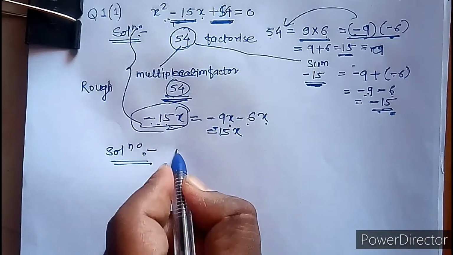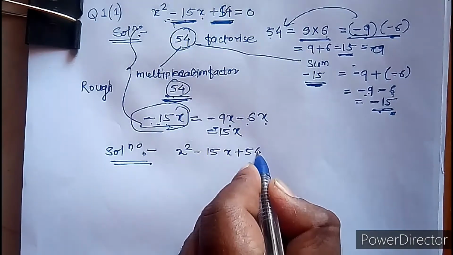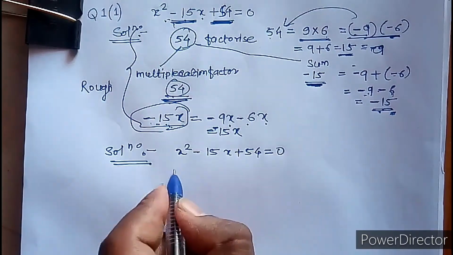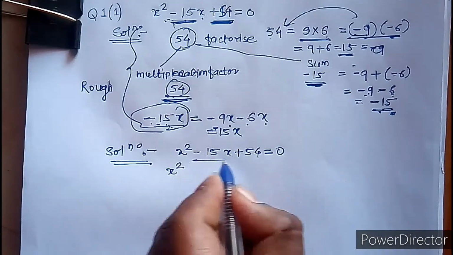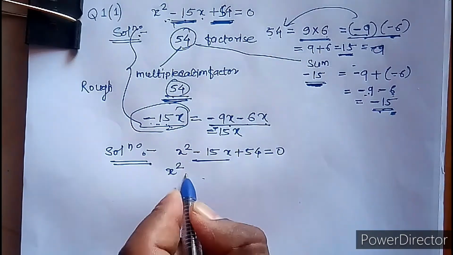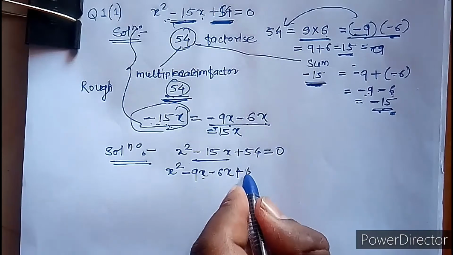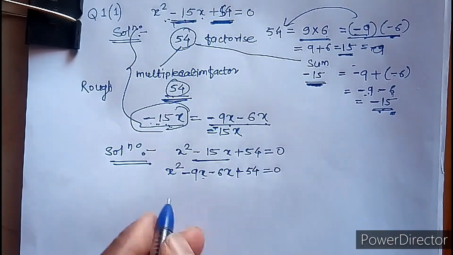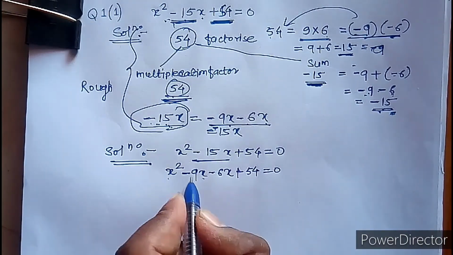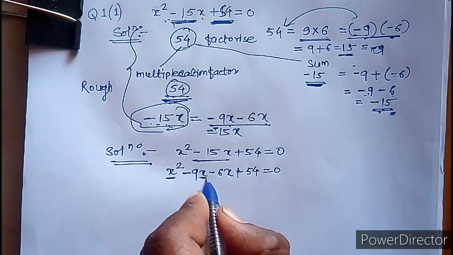Now x square minus 15x plus 54, which is the original quadratic equation. Now x square as it is, minus 15x can be written as minus 9x minus 6x, plus 54 equals to 0. Now here x square minus 9x, x is common in both terms.